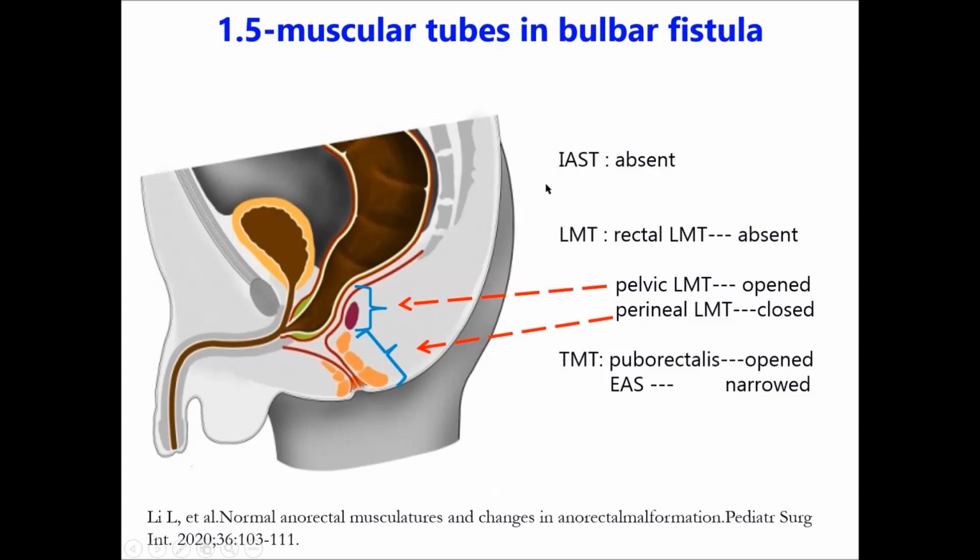The internal anal sphincter muscle tube is absent. The rectal longitudinal muscle tube is absent. The pelvic longitudinal muscle tube is opened by the rectal pouch, and the perineal longitudinal muscle tube is closed, and the transverse muscle tube, whose upper part corresponds to the puborectalis, is opened, and the external anal sphincter muscle tube is narrow.